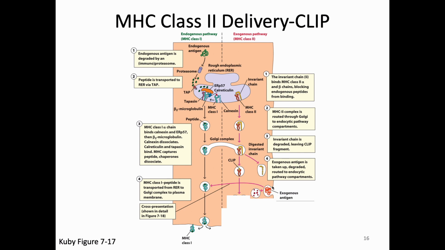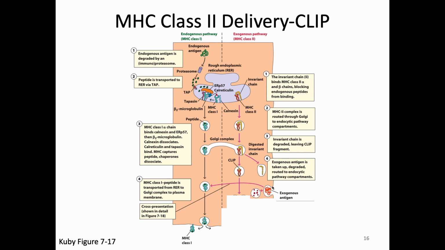So we get rid of all the address label pieces, and we end up just with this little piece plugging up the cleft. That piece officially is known as the class II invariant peptide, otherwise known as CLIP.